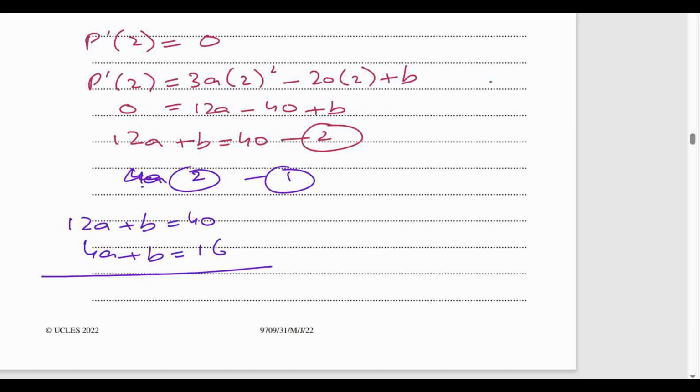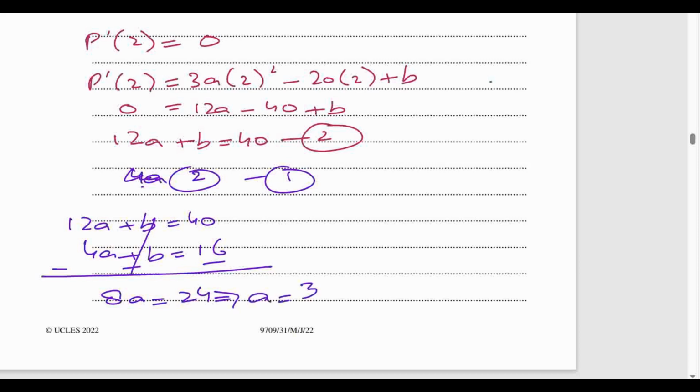So if we subtract them, change the signs, and cancel out, this will be 8a is equal to 24. So a will be equal to 3.